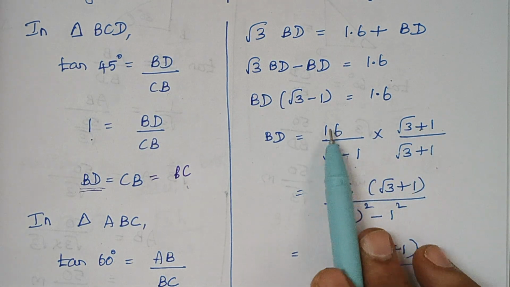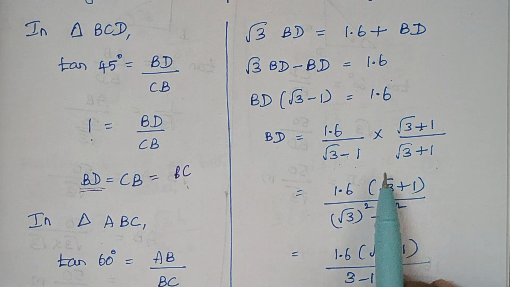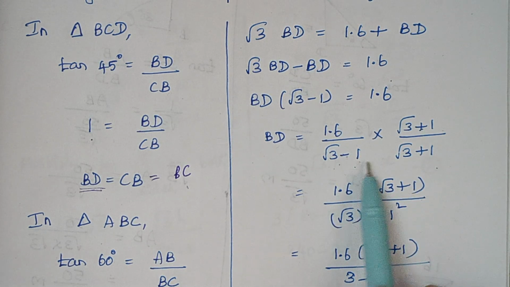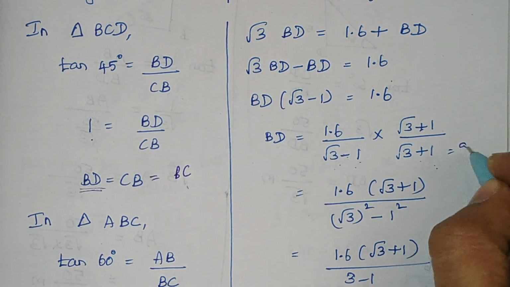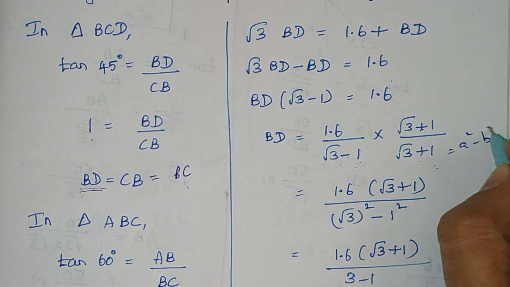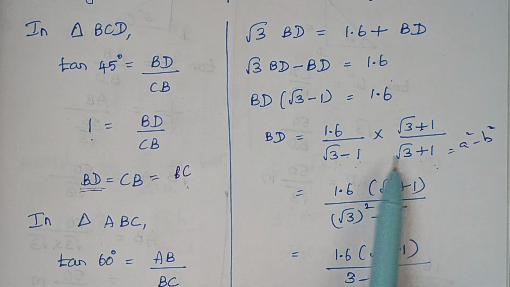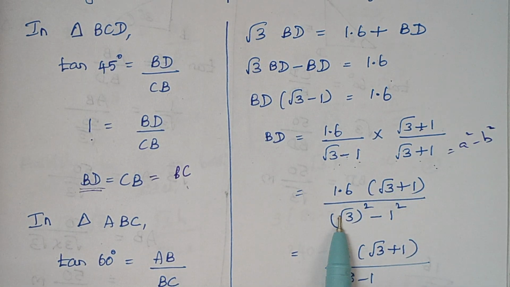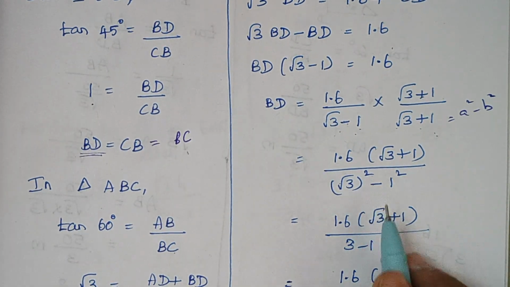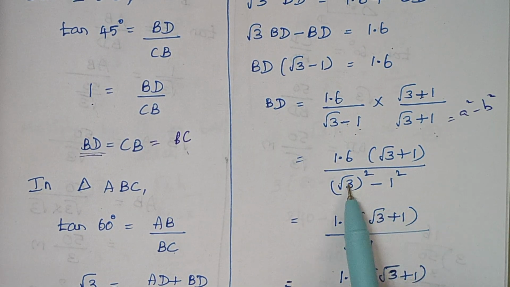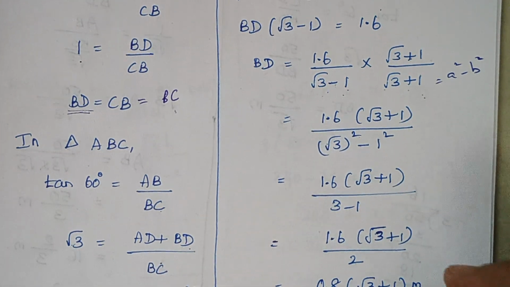So when you multiply 1.6 into root 3 plus 1, divided by A minus B into A plus B, what is the formula? It is A square minus B square. In the place of A I have root 3. So root 3 whole square minus 1 square. Root 3 whole square becomes 3, right? So here it is 3 minus 1, and here it is 2.